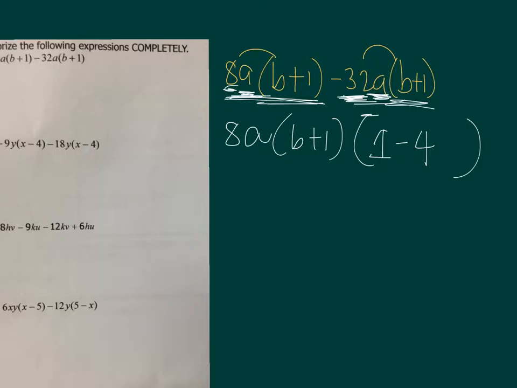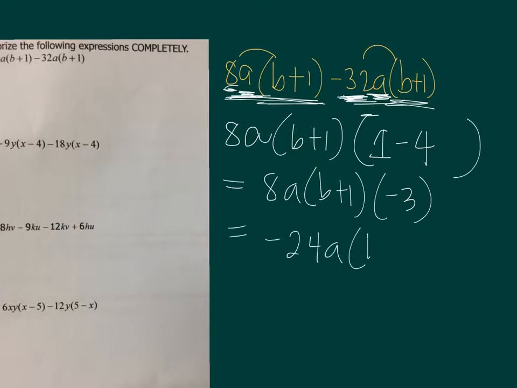So you only have 1 minus 4. So you have 8a times b plus 1 times negative 3, or negative 24a times b plus 1. That is by multiplying negative 3 to 8.